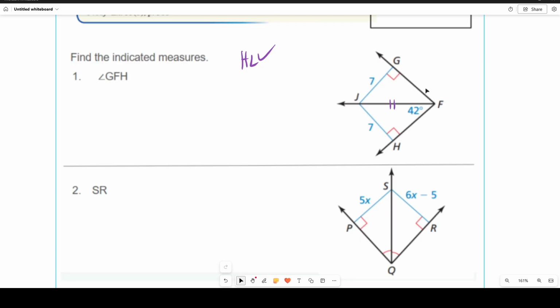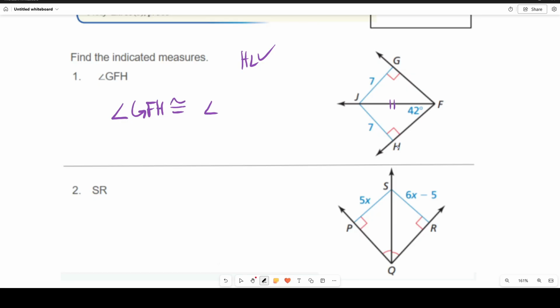We've got the angle GFH is this whole thing, but what two angles is it made out of? Well, it's made out of this one and this one. Angle GFH is congruent to angle GFJ, which is the top half, plus angle HFJ.